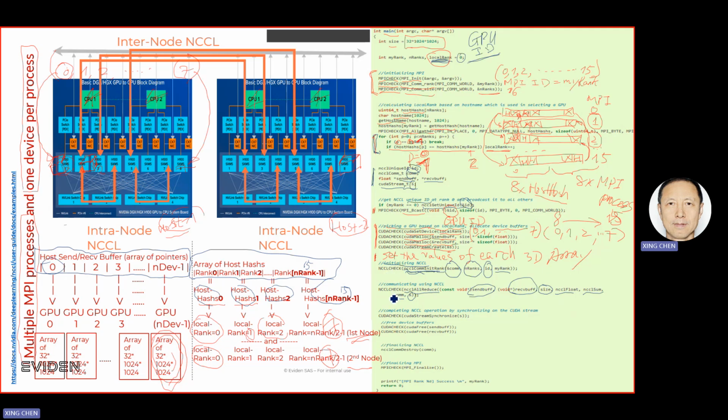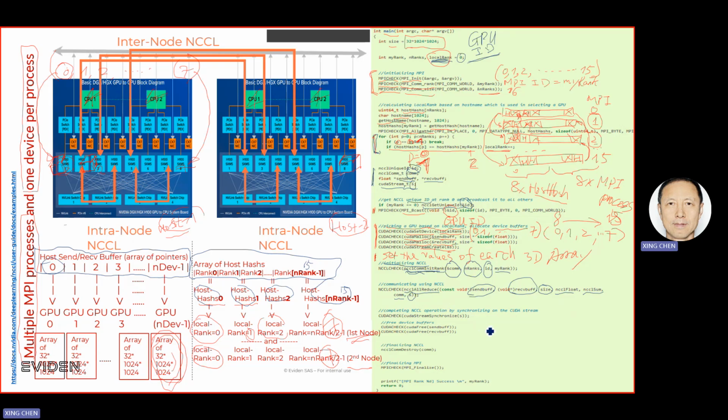At the end, we have gone through all these lines of code, and we can start this NCCL communication. We can start this NCCL all-reduce. That's what we want to do. So this also shows you the complexity of NCCL programming, because of all these lines of code that prepare for this collective communication.